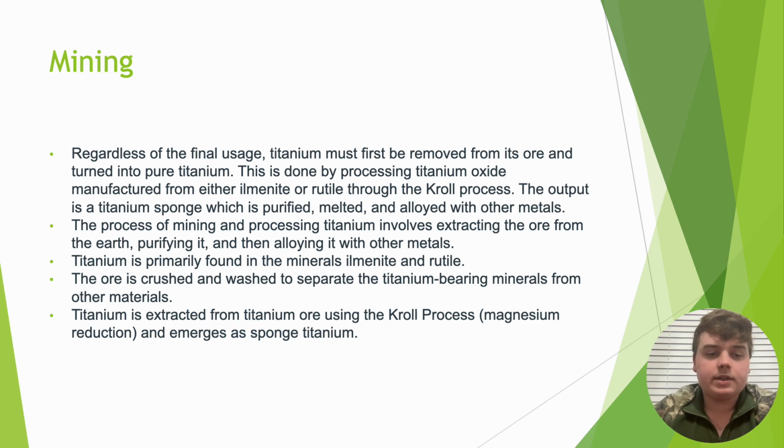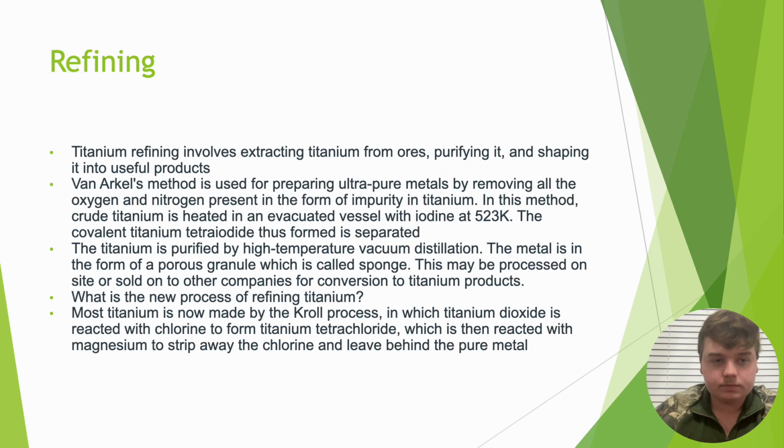Titanium is extracted from titanium ore using the Kroll process, magnesium reduction, and emerges as a sponge titanium. The next process is the refining process. Titanium refining involves extracting titanium ores, purifying them, and shaping them into useful products.